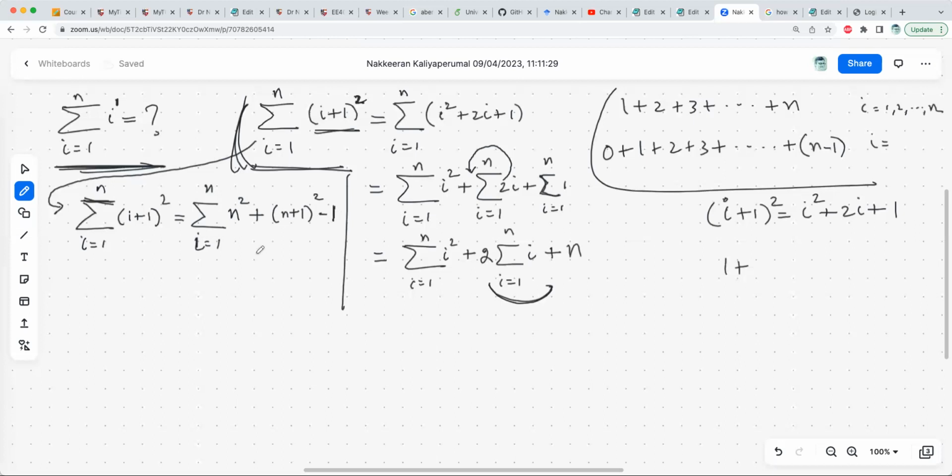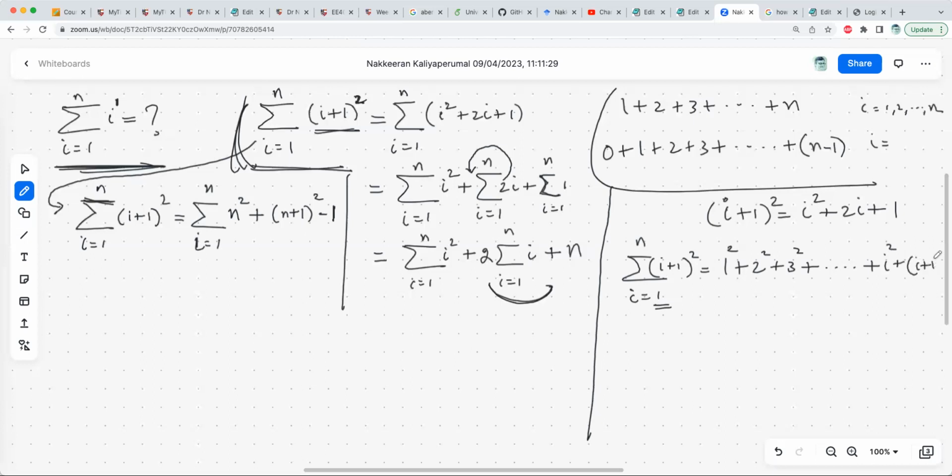What I'm doing here is, let me get a bit of room here. If you're talking about 1 squared plus 2 squared, summation i running from 1 to n of (i plus 1) whole square is what? 1 squared, because the starting value is 1, right? Plus dot dot dot, plus we will have i squared, and the last one will be (n plus 1) whole square.